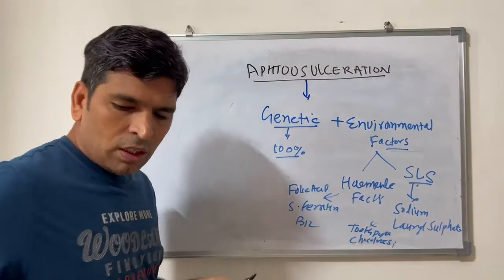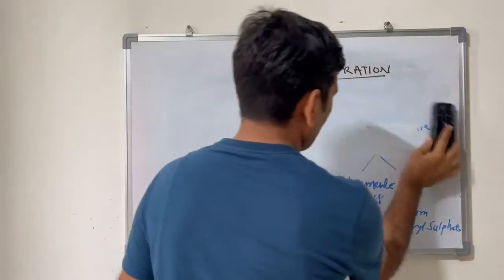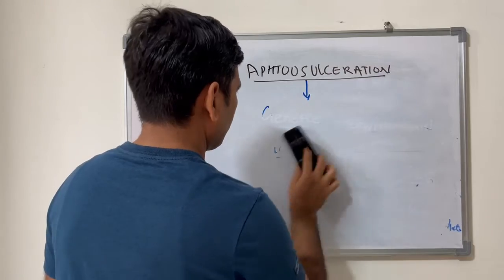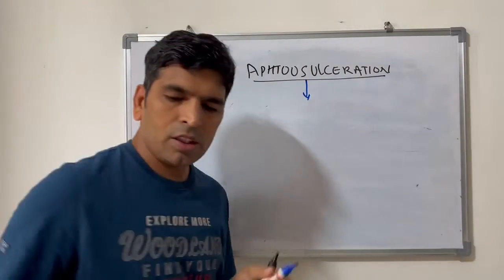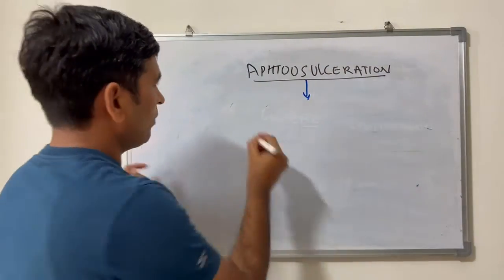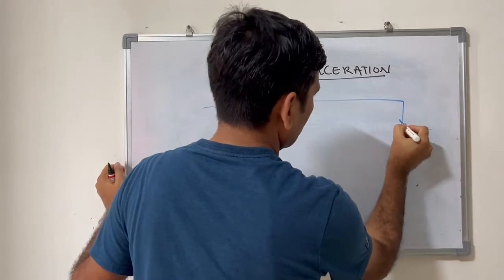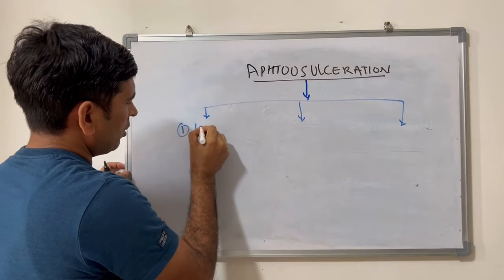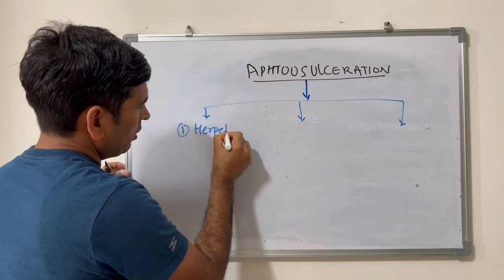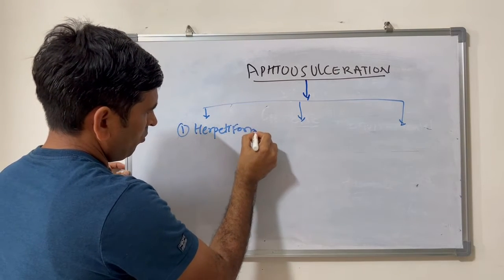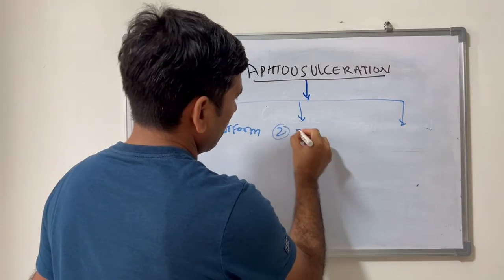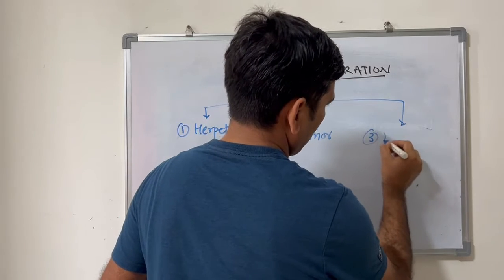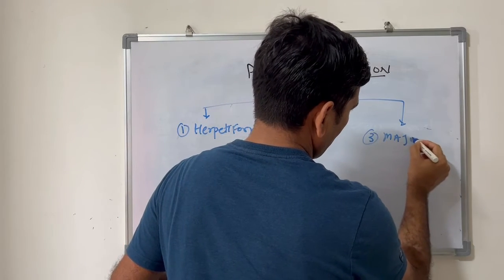So what are the Aphthous ulcers? These are the three types. First is herpetiform, second is minor, and third one is major.